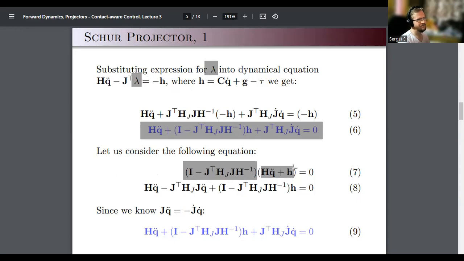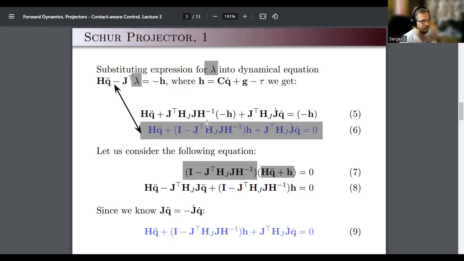So those two are equivalent, right? Somehow we can multiply manipulated equations without constraints by this operator, and what we get is exactly the same as if we expressed out lambda, substituted it back, and got our manipulated equations without lambda.